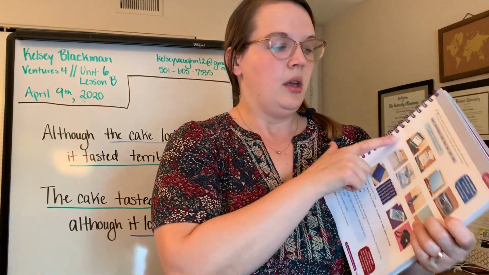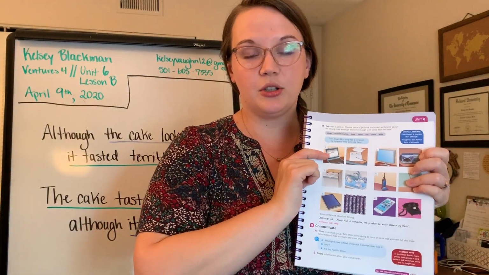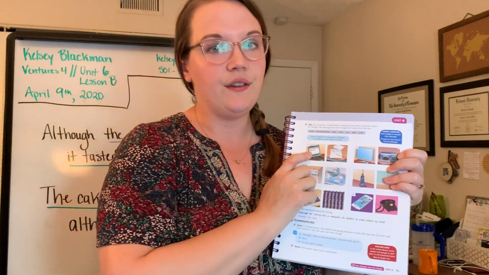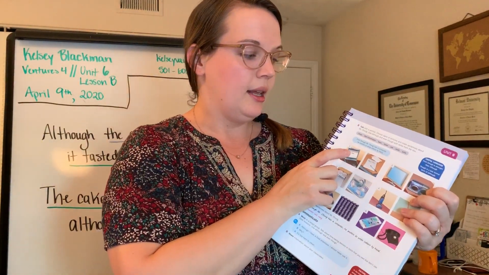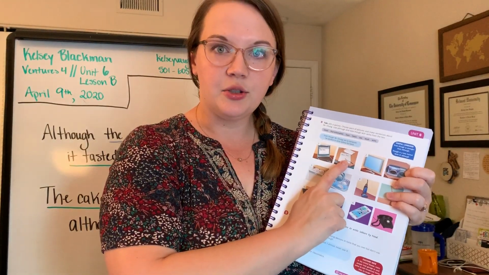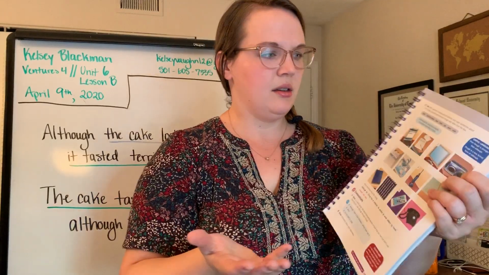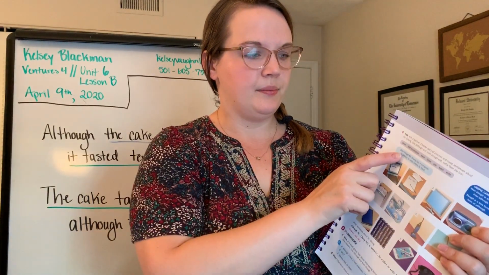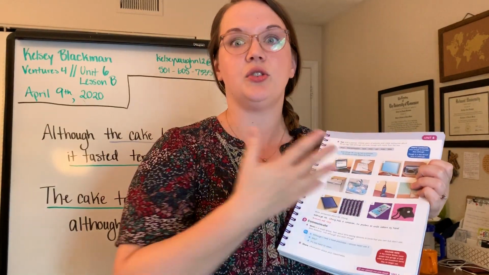So, one sentence you could write about the pair of pictures in number 1 says, even though Mr. Chung has a computer, he prefers to write letters by hand. Okay? Does that make sense? Even though is basically the same as although. It's just stronger.